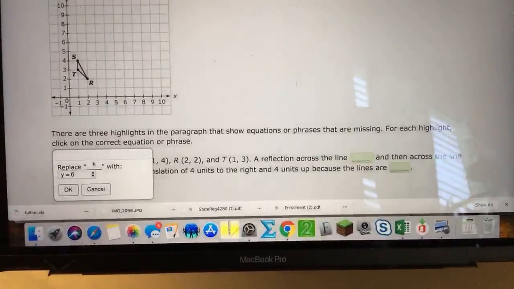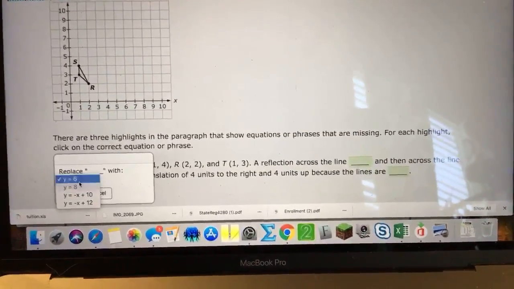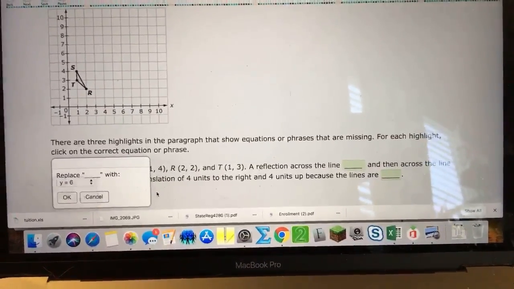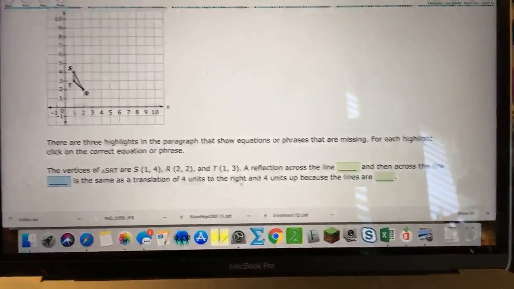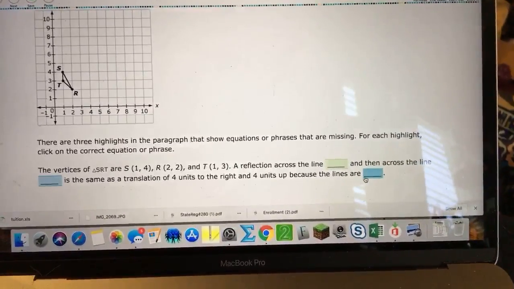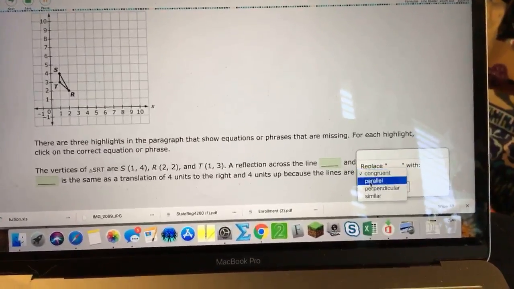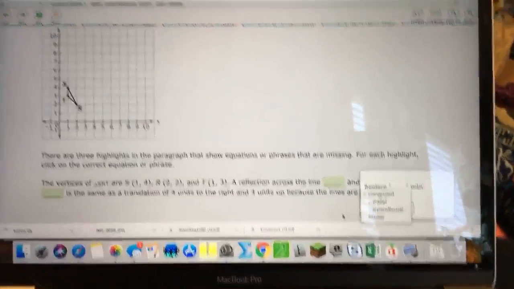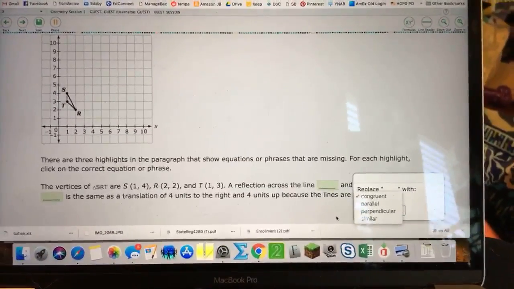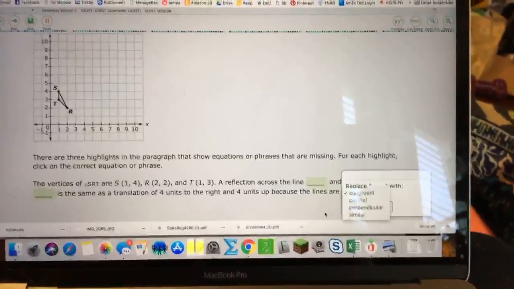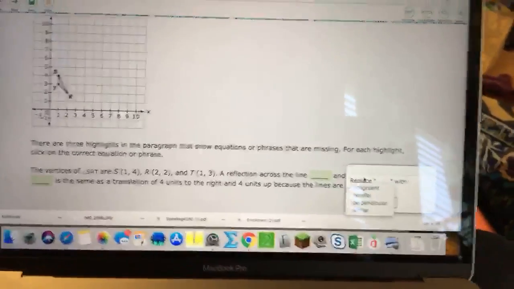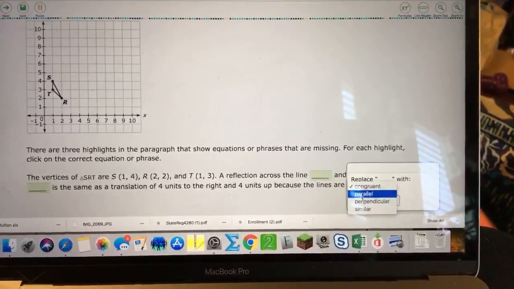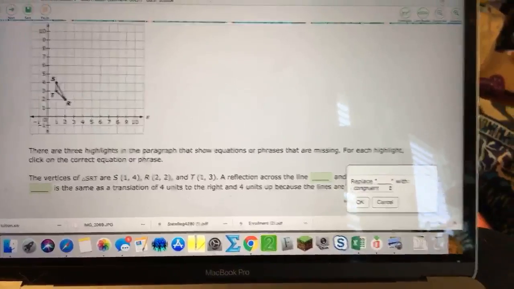And then across the line, then we've got horizontal lines, and these two are the same as a translation of 4 units to the right and 4 units up because the lines are congruent, parallel, perpendicular, or similar. Can lines be congruent? No, they cannot. Every single line has infinite length. Can lines be similar? No, they cannot. So our answers are either going to be parallel or perpendicular. I hope you guys see that. Okay?